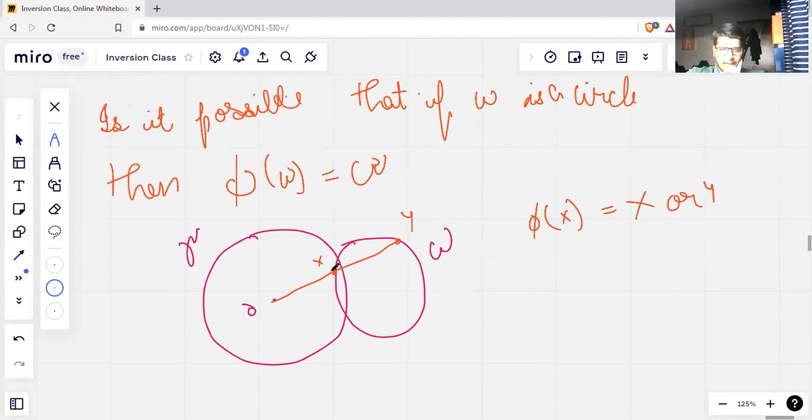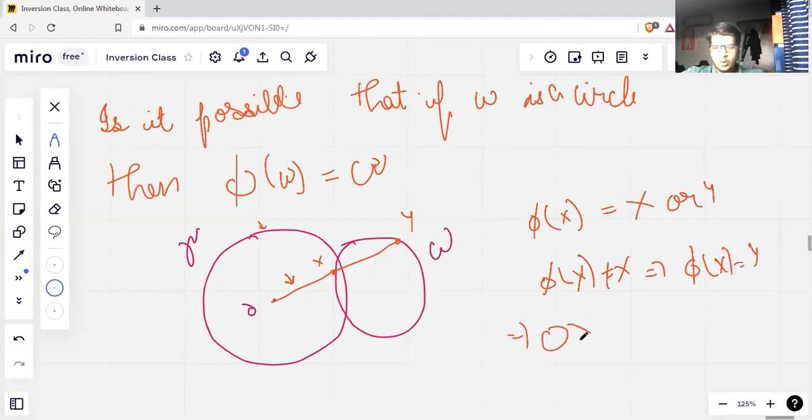Because X will go to a point lying on this line OX and lying on omega. So there are only two such points, X or Y. Clearly, phi of X cannot be X, because that is only true when X lies on gamma. So this means phi of X should be Y. This means OX into OY should be R square.